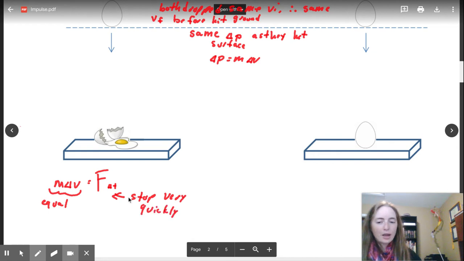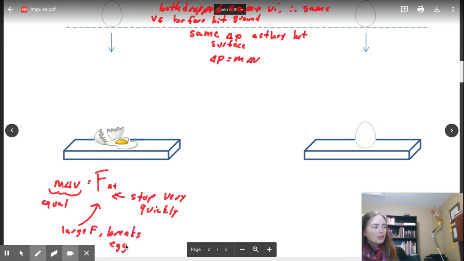This large force is what breaks the egg. That egg is going to experience a big force because it gets its impulse all at once. Small time.